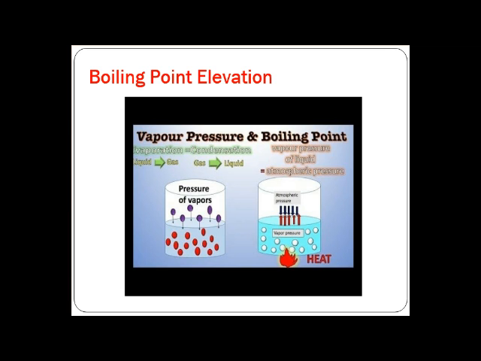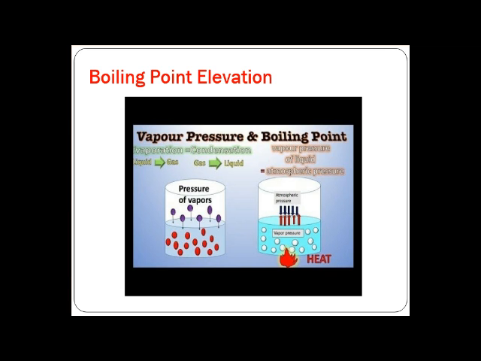So because of addition of solute particles, the boiling point increases. Suppose you add more sodium chloride solute, the number of solute particles increases some more. So the boiling point increases some more degrees Celsius.